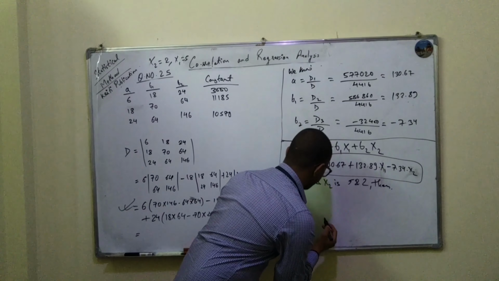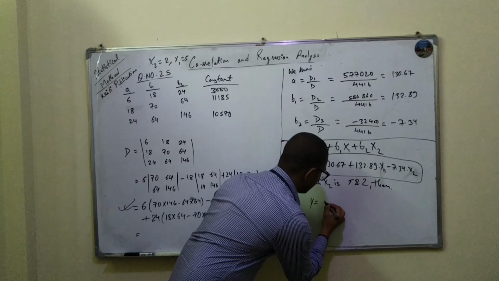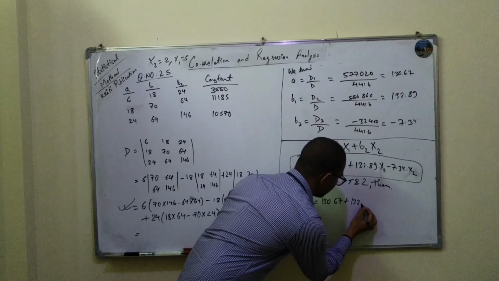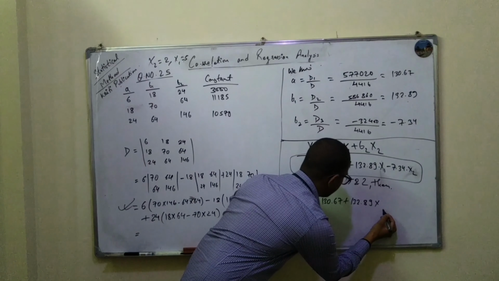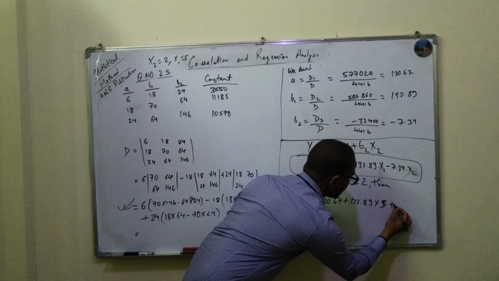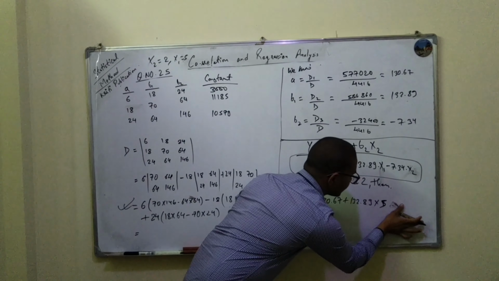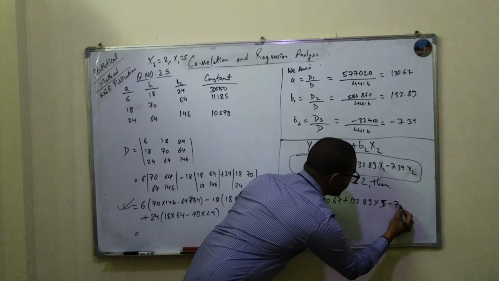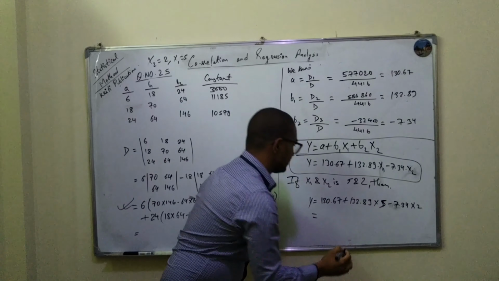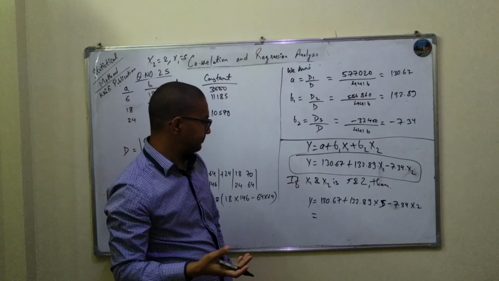Then y is equal to 130.67 plus 132.89 times 5 plus minus 7.34 times 2, right? So how much would that be?